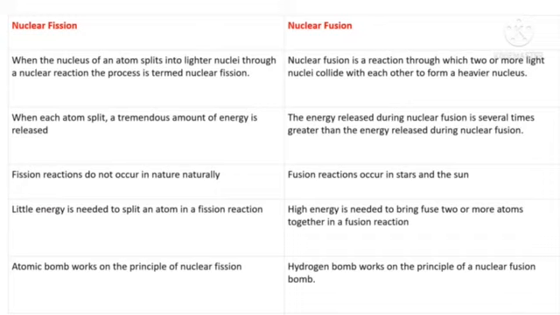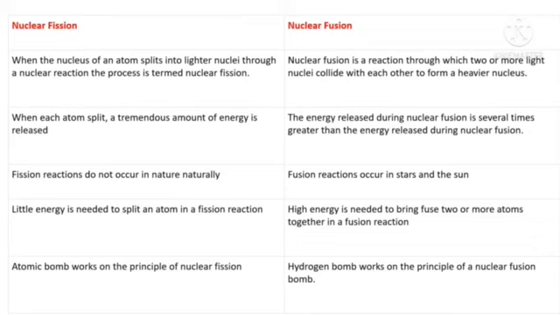The second difference is that in fission, each atom split releases a tremendous amount of energy. But for nuclear fusion, the energy released during nuclear fusion is several times greater than the energy released during nuclear fission. Okay. The third difference is fission reaction does not occur naturally, but fusion occurs in the stars and the sun.